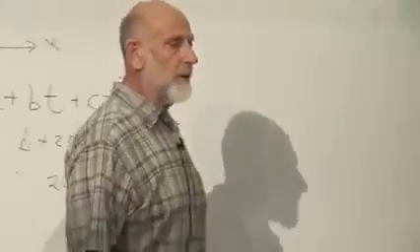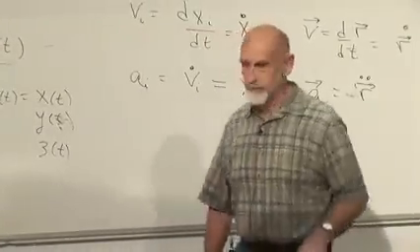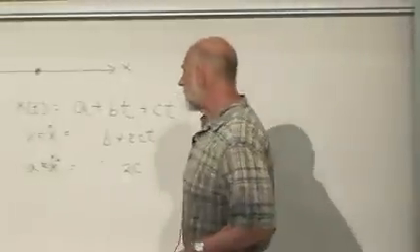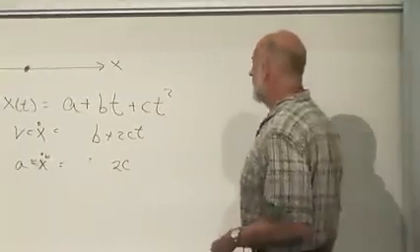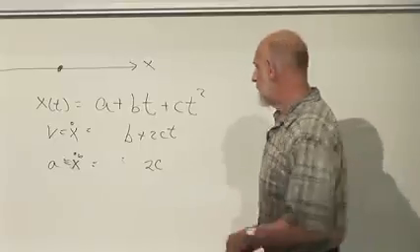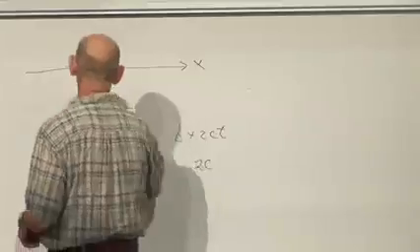It doesn't change. So this is a uniformly accelerated particle that has acceleration 2c. That's the kind of motion you have of an object falling in a gravitational field with a constant acceleration, but here it is, and here's the reason why.